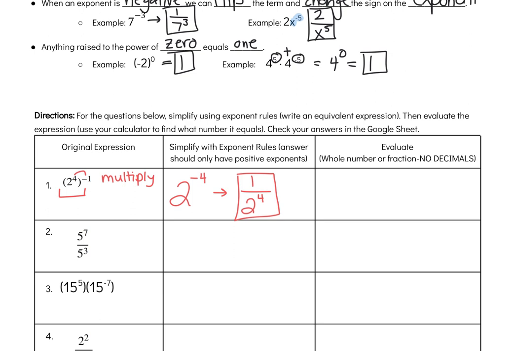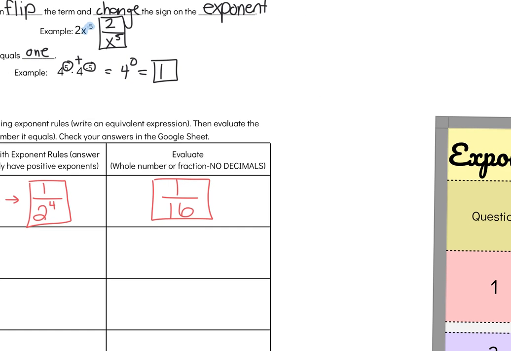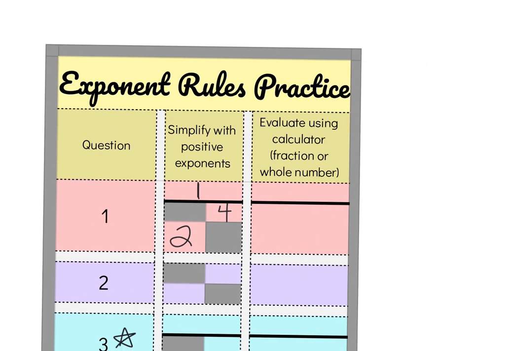So when I type this in, 2 caret 4, close my parentheses, caret -1, I get, make it a fraction, second PRB, 1 over 16. So then that's what I would type in for my second box here. 1 over 16, and it should turn green.